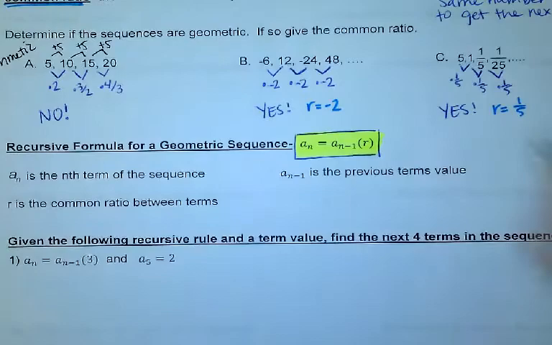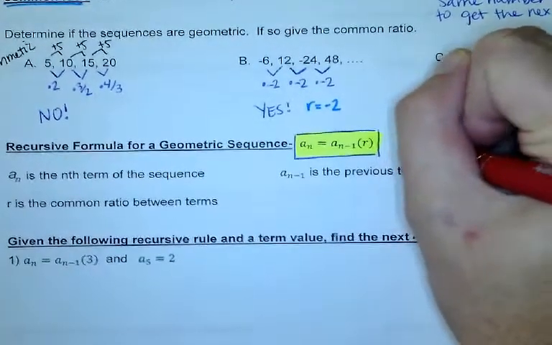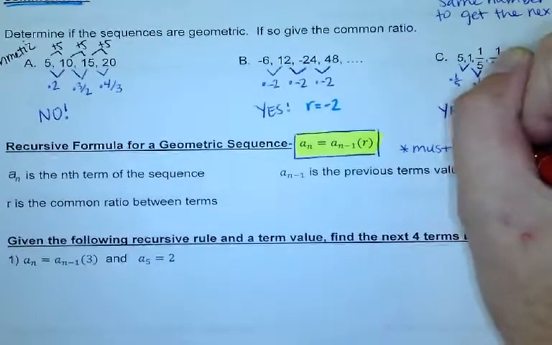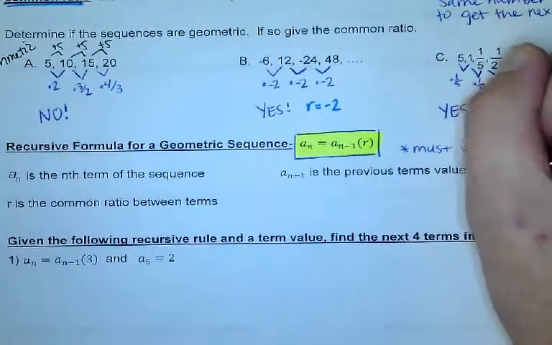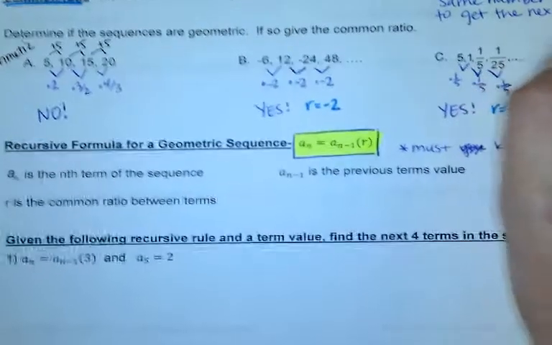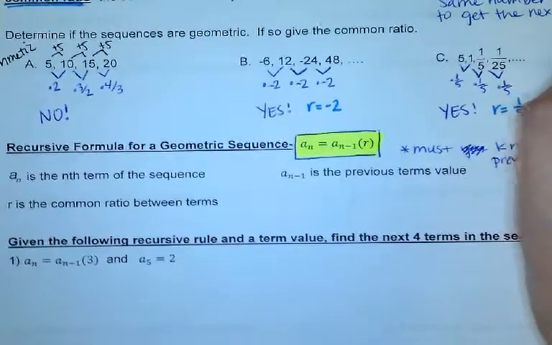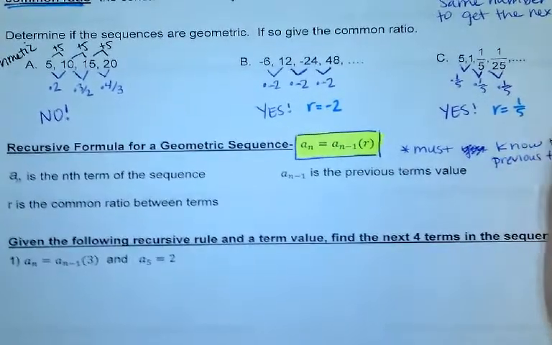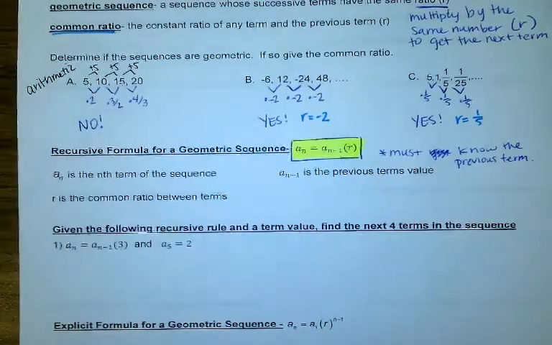So in this case, remember, in order for recursive to work, you must know the previous term. You must know the previous term.